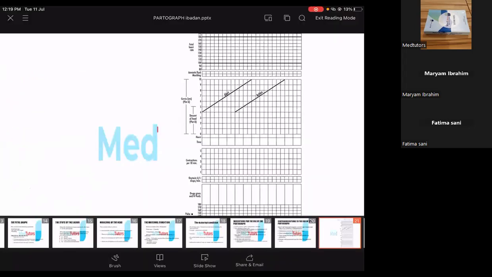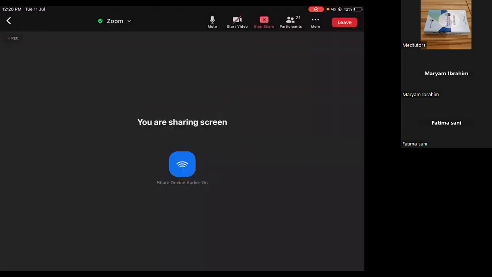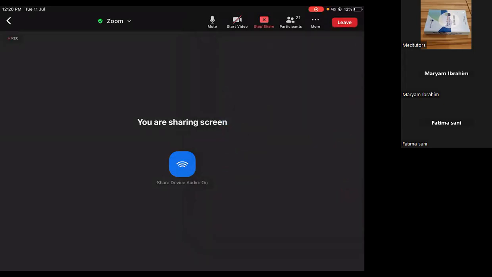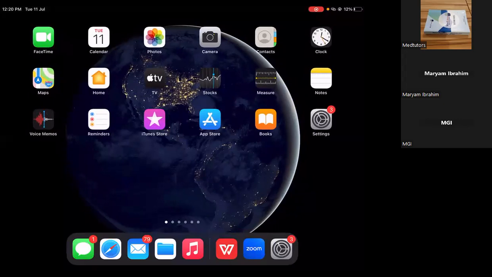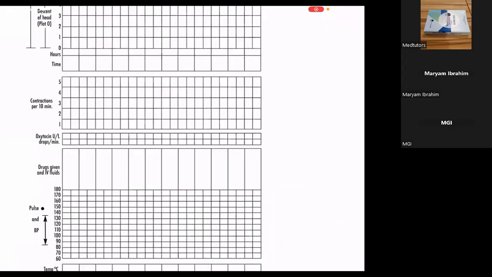So please unmute yourselves. Let's discuss, let's plot this Partograph together. Is there any question?